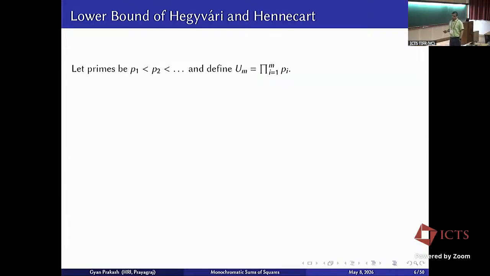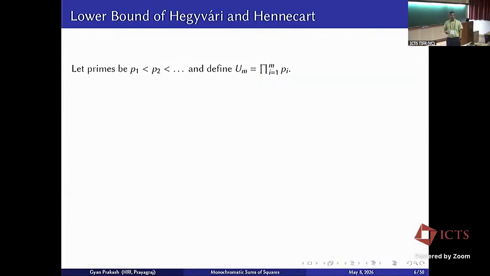When I want to obtain a lower bound, what I can do is define a coloring of the set of squares, meaning I define a partition of the set of squares, and then give you arbitrarily large natural numbers which cannot be written as a sum of a few monochromatic squares. That will give you a lower bound for S_k.